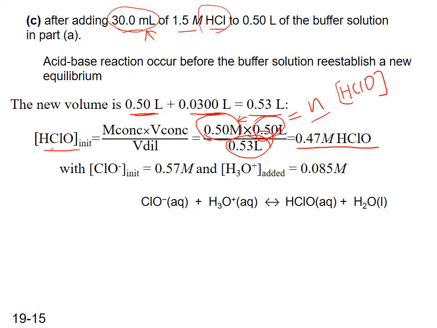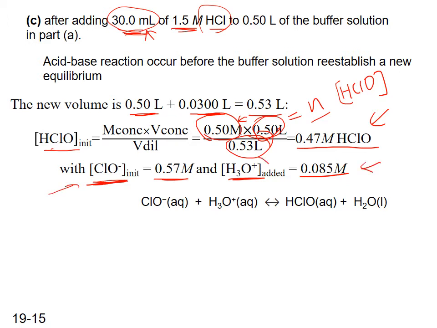Similarly, we can calculate the concentration of the conjugate base, which again is the number of moles divided by the new volume, and then the hydronium ion concentration added. You also calculate that concentration as the number of moles divided by volume. Molarity times volume is the constant number of moles, divided by the new volume, giving 0.085. So now we have the new concentration of acid and conjugate base, and we have the hydronium ion concentration added.